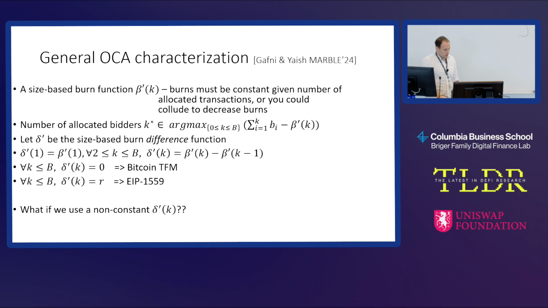And when we have a constant delta, then we end up with the existing transaction fee mechanisms. Bitcoin has no burn in the auction protocol, so that's a constant marginal burn. And EIP 1559 has some constant burn per unit allocated, so that's also a constant burn.